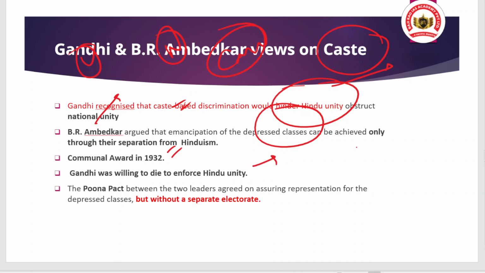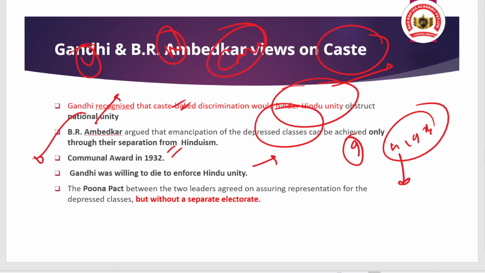Remember, if you have studied modern history, that will definitely help you understand. Gandhiji started the fast unto death so that the concept of separate electorate would be eliminated for the depressed class.